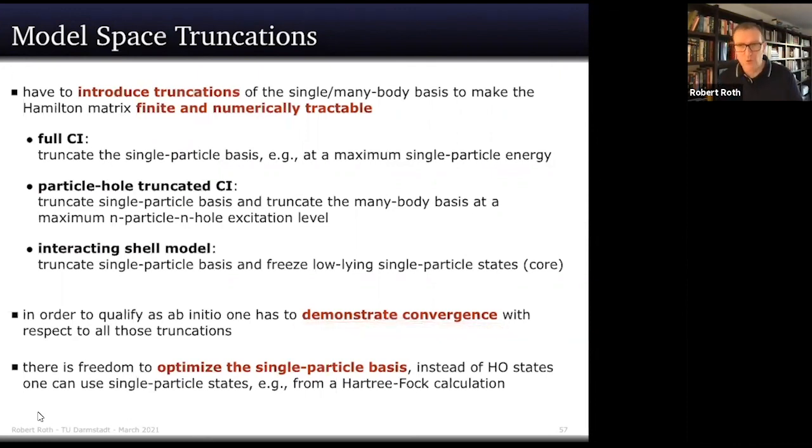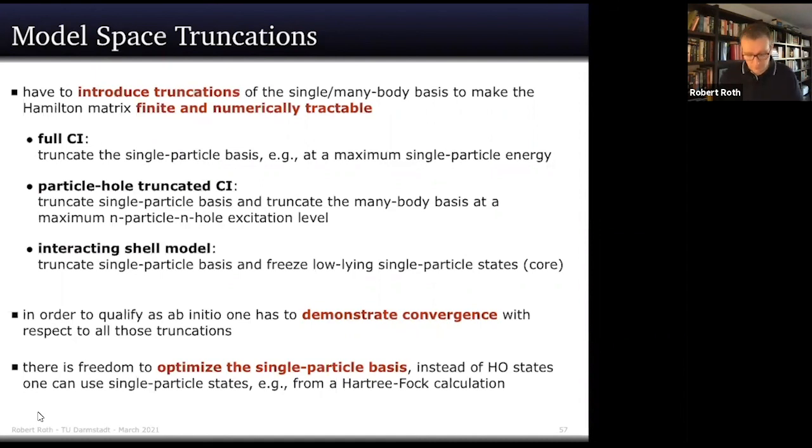You have to show that the observables you are interested in, energies and any other observable you want to compute, are independent in the end of your truncation, that you can push the truncation far enough towards the full Hilbert space limit that your observables don't care anymore about the extra states that you get in your basis if you would go even further. This is convergence, and this is a critical ingredient for all of these CI type methods.